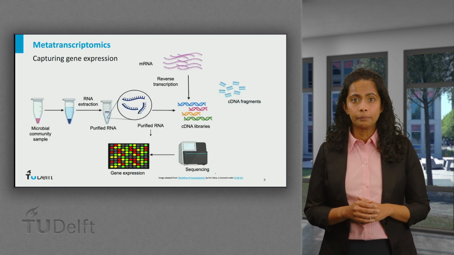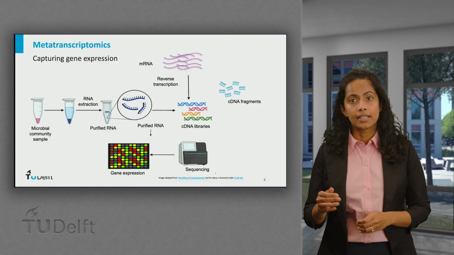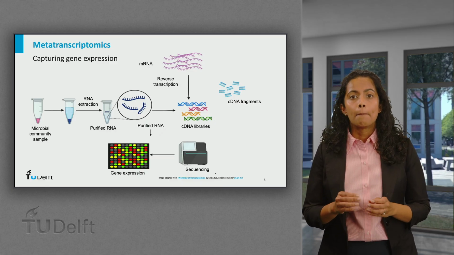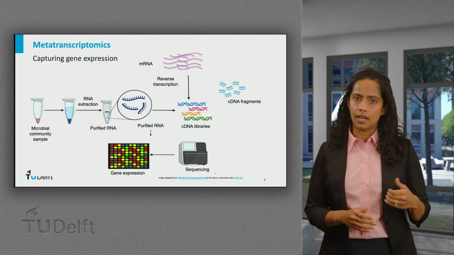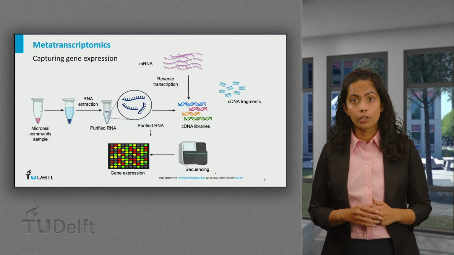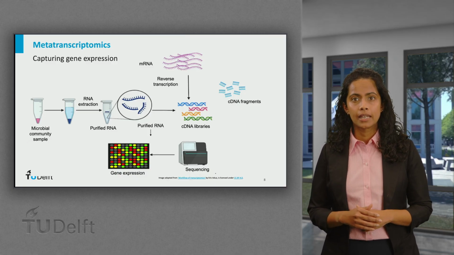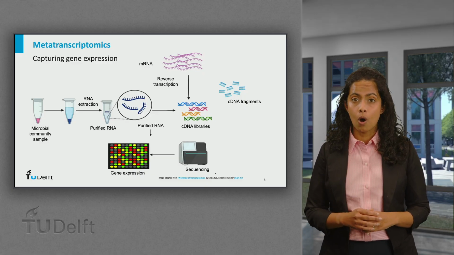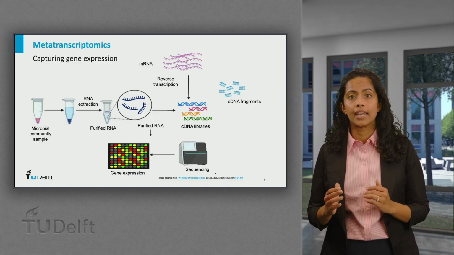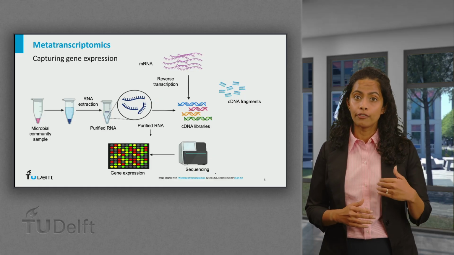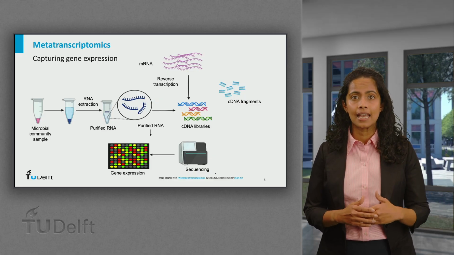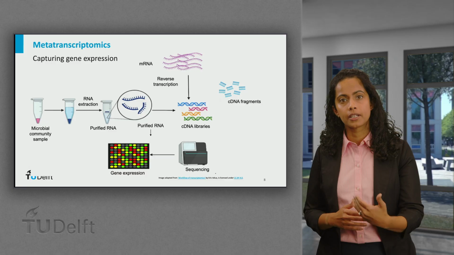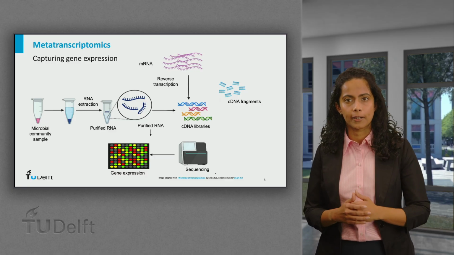As shown in the figure, the standard RNA sequencing workflow begins in the laboratory with RNA extraction followed by mRNA, that is, messenger RNA enrichment, or ribosomal RNA depletion, followed by cDNA synthesis and preparation of an adapter-ligated sequencing library.